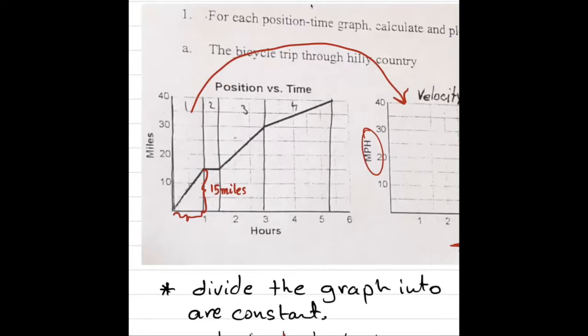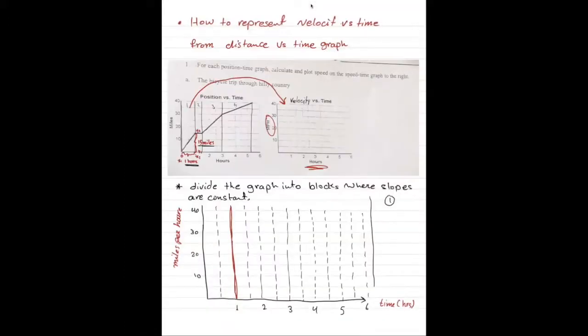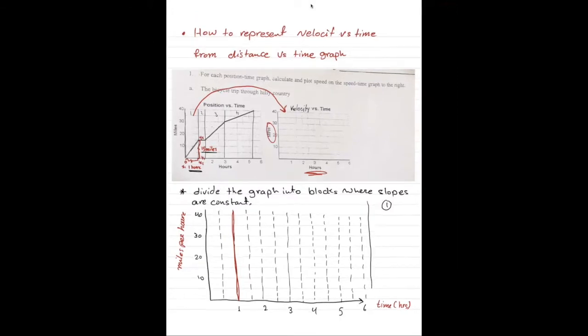And the run, that was 1 hour from 0 to 1. Here's 0, here's 1, so that was 1 hour. So that just gave us the difference, as we did earlier, y2 minus y1 and x2 minus x1. If we got the difference, it will give us 15 miles and 1 hour. So we're going to take this information from the graph and do the calculation for the velocity for block number 1.